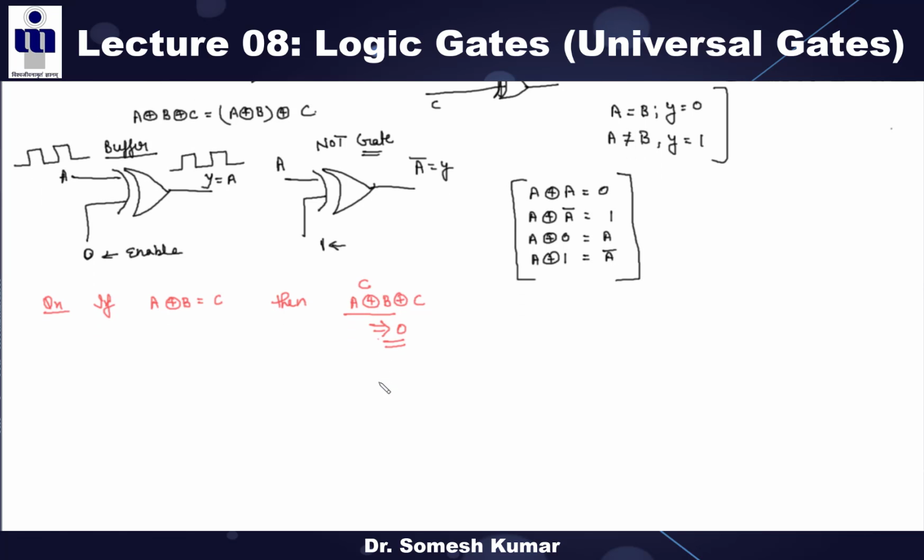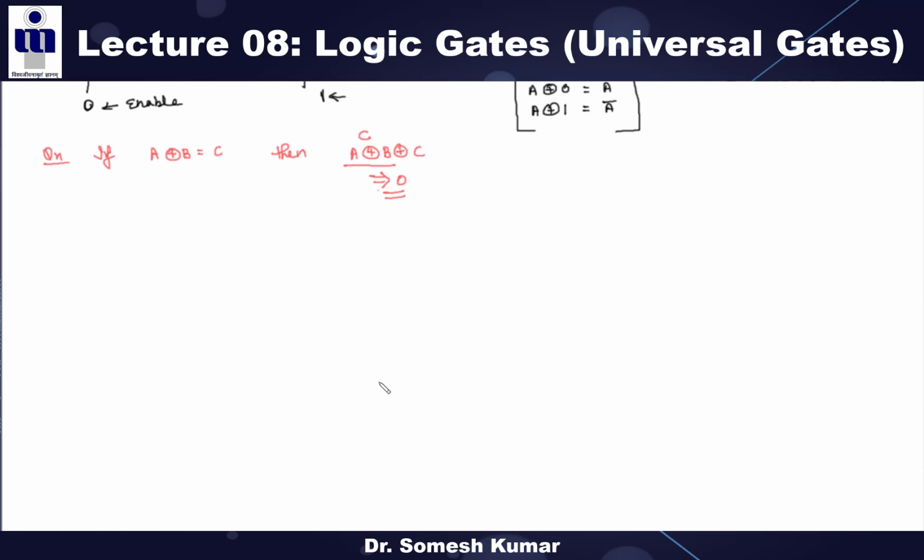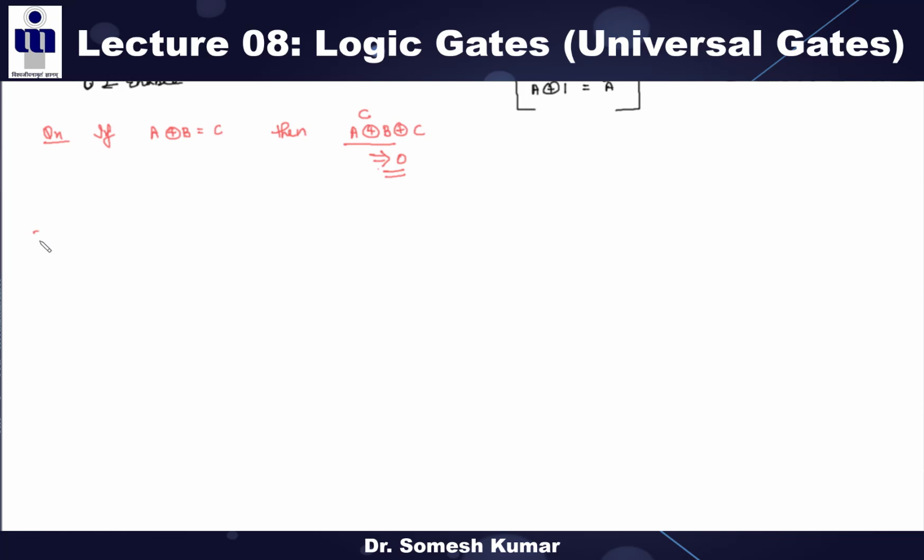So the second question based on this XOR gate is, this is your first XOR, this is the second XOR, and it will go up to the 20th XOR, right?